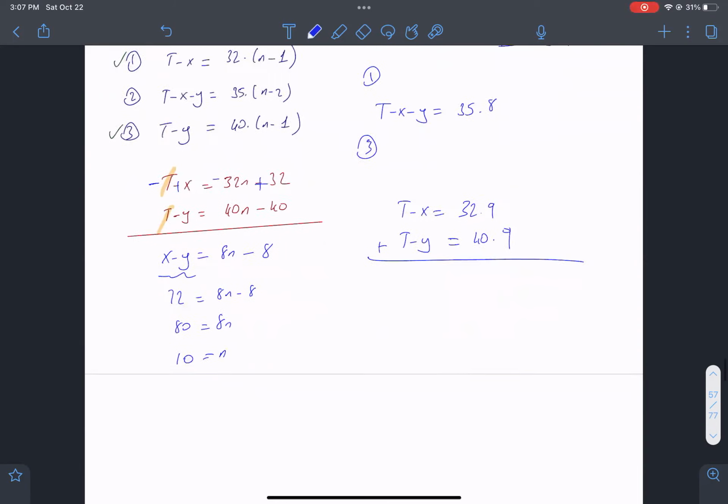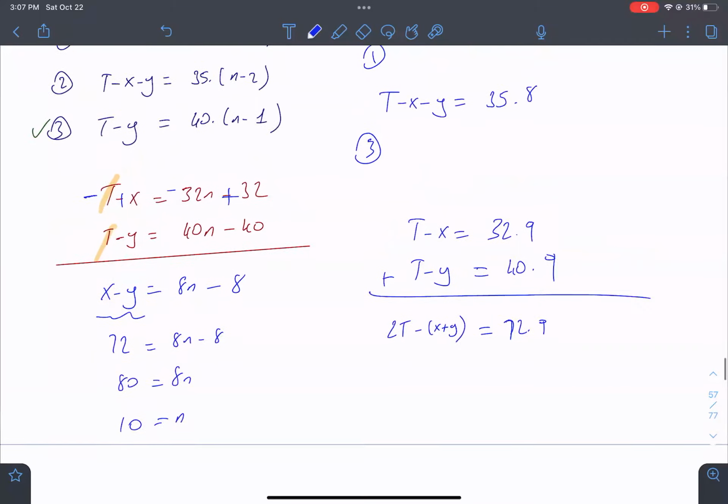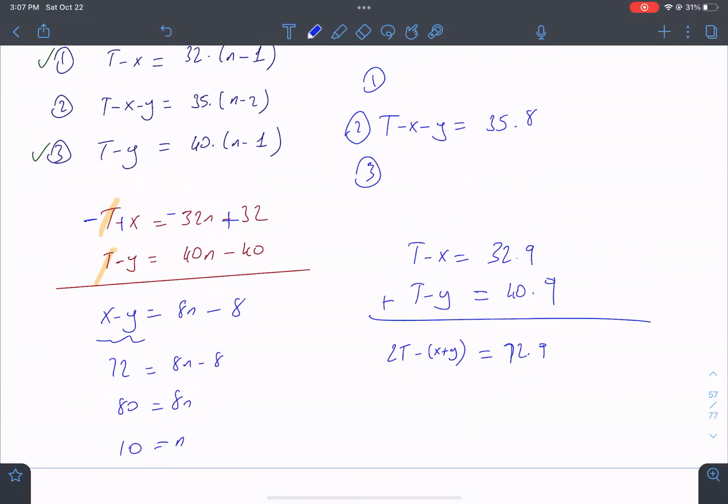If I add side by side, I'm going to have 2T minus x minus y is equal to 32 plus 40, which is 72, times 9. The second equation: T minus x minus y is equal to 35 times 8.